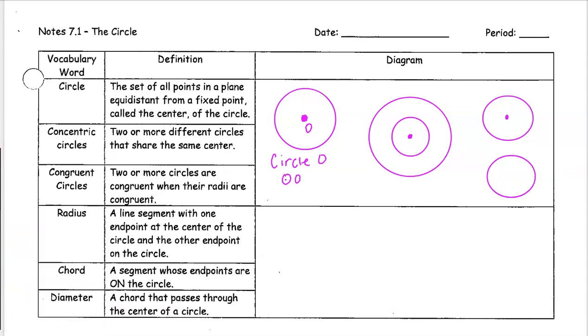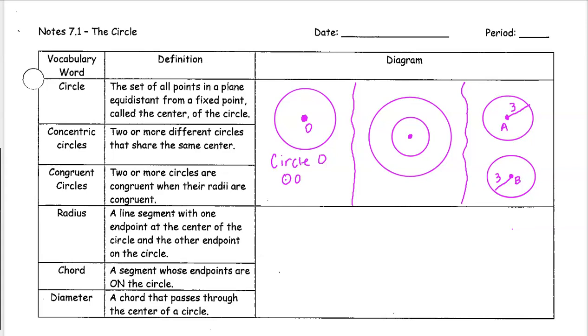So if we had this circle here, let's call it circle A, and say its radius was a length of 3. And we had another circle, circle B, that also had a radius of 3. Okay? So let's divide these up to go with those 3 different examples.